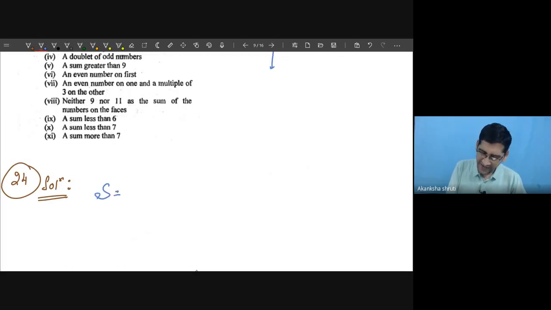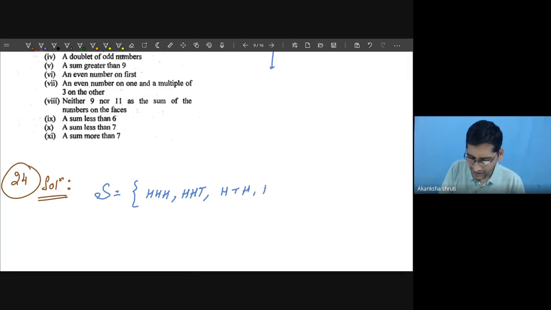Last time I had explained how to write the sample space of 3 coins without any error or without missing anything. If we are taking head on the first 2, the third can be head or the third can be tail. So first, HHH, HHT. Next, the second entry can be changed: HTH or HTT. The other 4 can be obtained by changing the first entry.